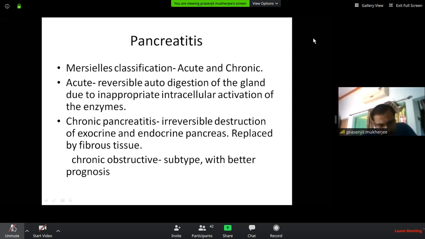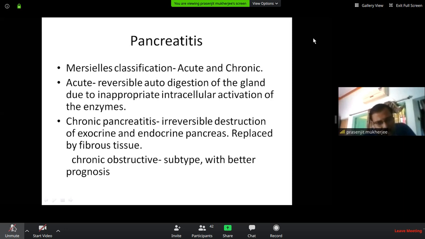In acute pancreatitis, there is autodigestion of the gland due to inappropriate intracellular activation of the enzymes. Initially, as you all know, the proteolytic enzymes are stored in the acinar cells as inactive granules, in zymogen granules. But due to some process, there is intracellular activation of these enzymes.